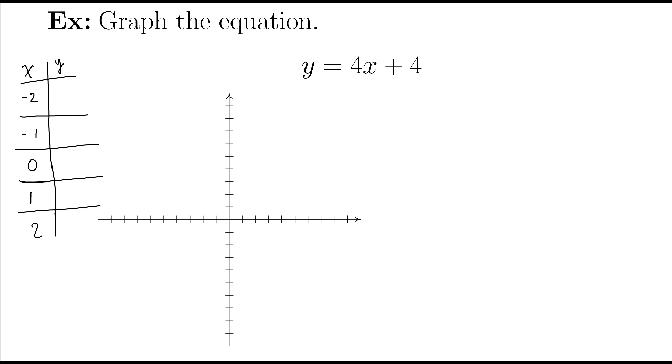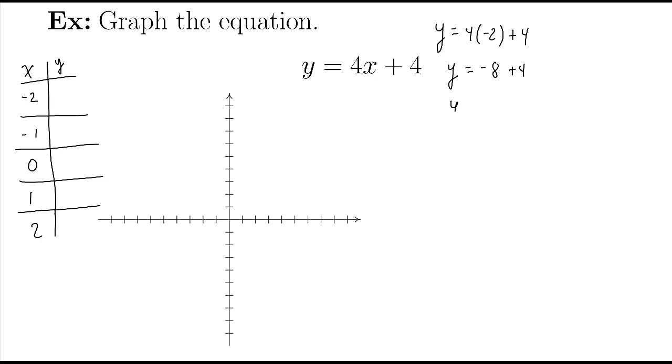All right, so if X is -2, let's start there. If X is -2, well, then I'm looking at Y is equal to 4 times -2 plus 4, assuming that that's going to give me a true equation. Well, 4 times -2 is -8. So Y equals -8 plus 4. -8 plus 4 is -4.